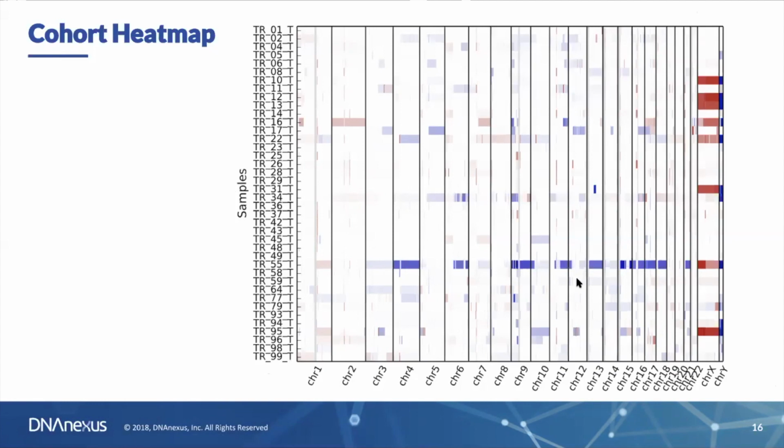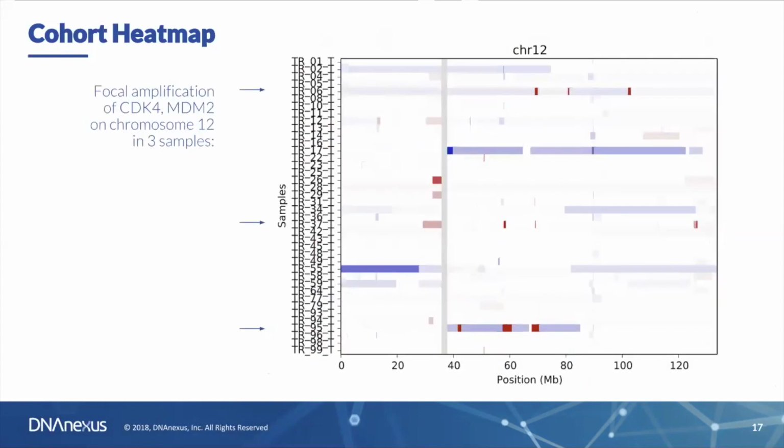I won't go into too much about what those mean, but I'll focus on one specific alteration that's recurrent in 3 samples. This is on chromosome 12. If you zoom in a bit, you'll notice that around positions 60 megabases and maybe 70 megabases on chromosome 12, there is sometimes a large-scale copy number loss, not a deep deletion, maybe single copy.